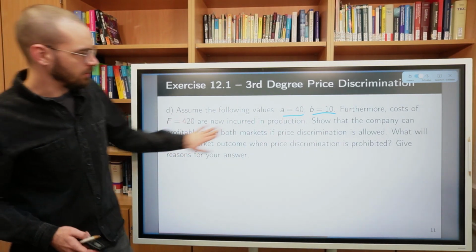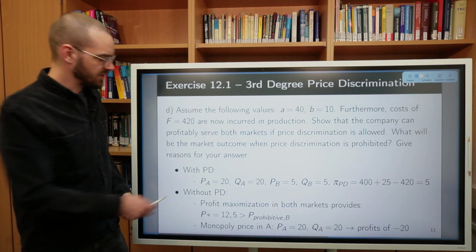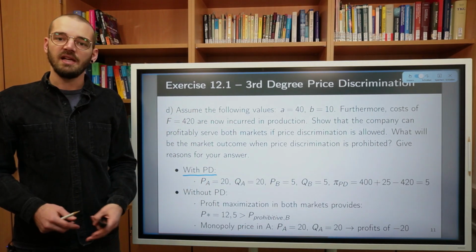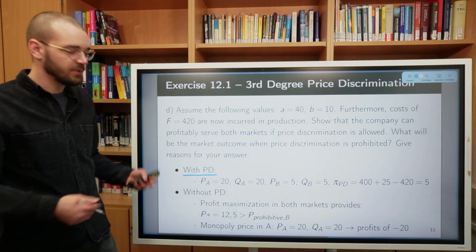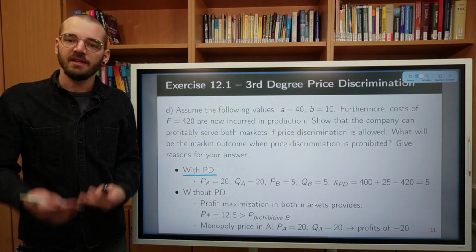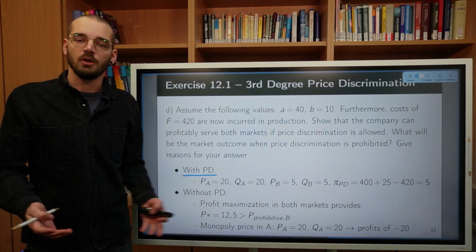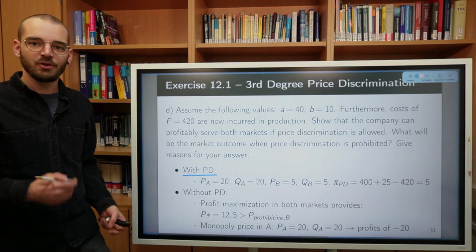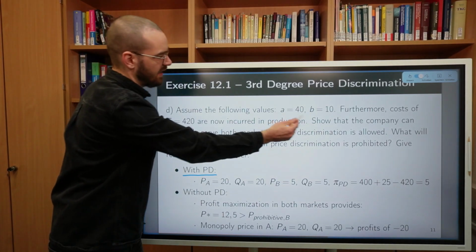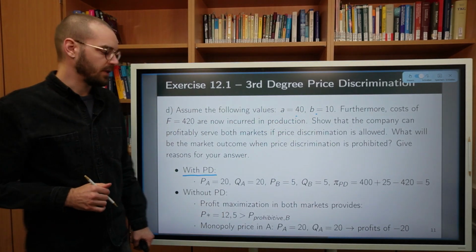All right, so let's start with the first task and consider a situation where the monopolist is allowed to discriminate in prices. We have, of course, in task A already found market equilibrium prices and quantities as well as profits in this situation. We simply have to plug in parameters A and B that we have now assumed values for.